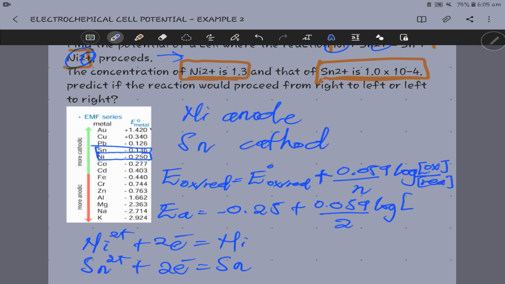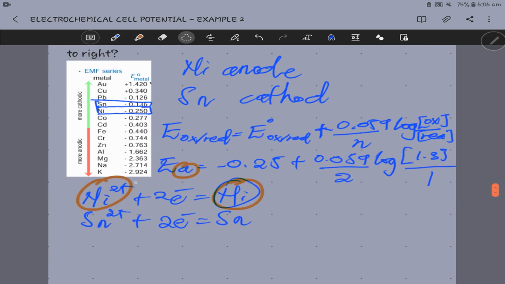So the oxidized state is this, and we've been given the concentration for that, which is 1.3. Here, remember, we are doing it for the anode. And the reduced state is this, the solid form. If it's that way, the concentration of that is 1.